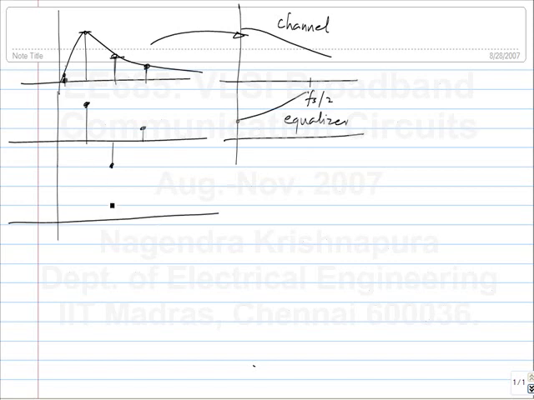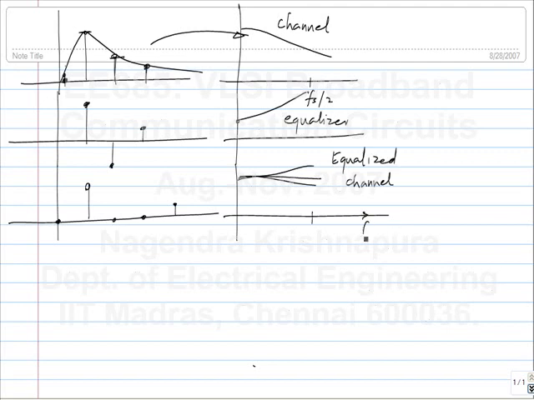And the convolution of the two should look something like this, but we also know that we can't get it completely this way, so there will be something of this sort. Similarly, in the frequency domain, it won't be absolutely flat. It can do something like this or something like this, but it will be flatter than what the channel was originally. So this is in the frequency domain, and this is in the time domain.